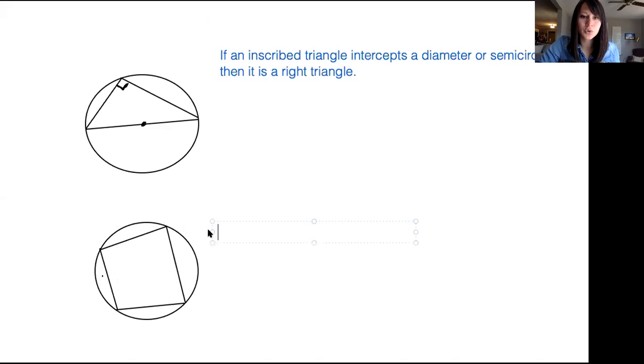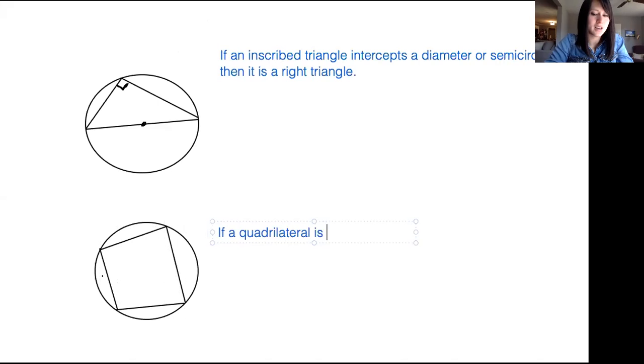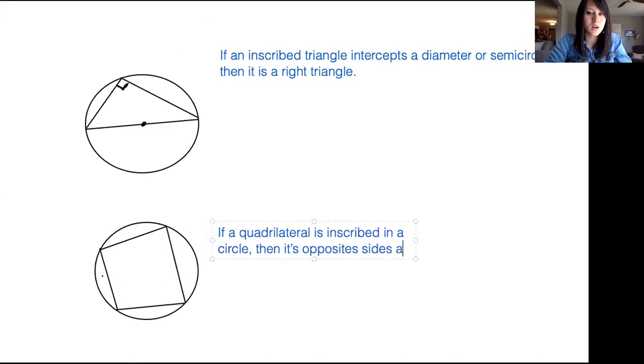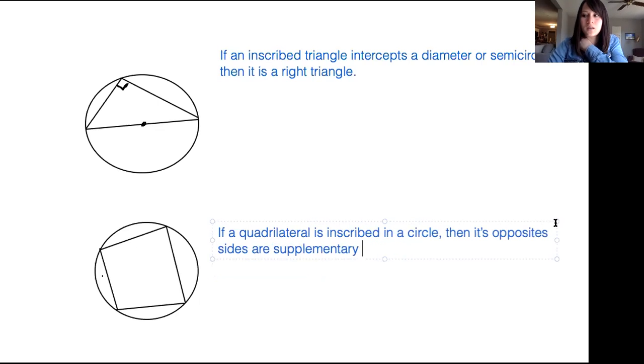Now, something that's true about an inscribed polygon or quadrilateral is if a quadrilateral is inscribed in a circle, then its opposite angles are supplementary, okay? So that means these opposite angles of the quadrilateral have to add up to 180 degrees.